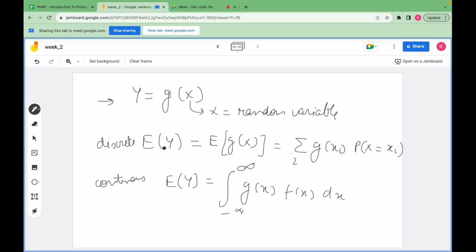So we can find the expectation of a variable which is written in the form of a function of a random variable. These are all the formulas. You can go through their proofs on your own to understand them better. We will discuss a few problems related to these.